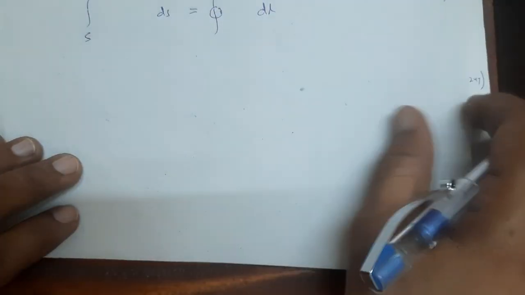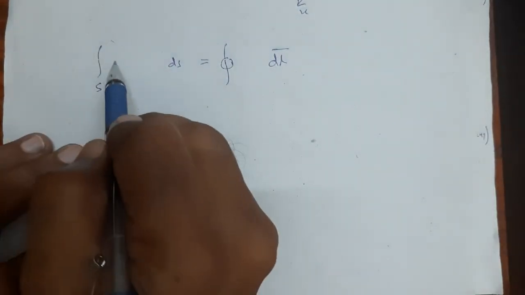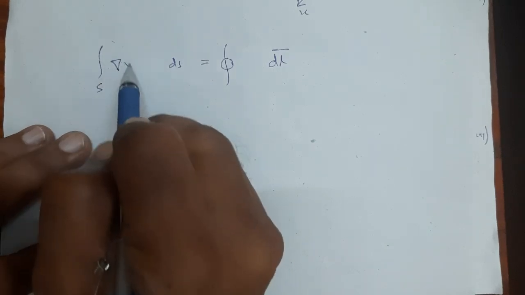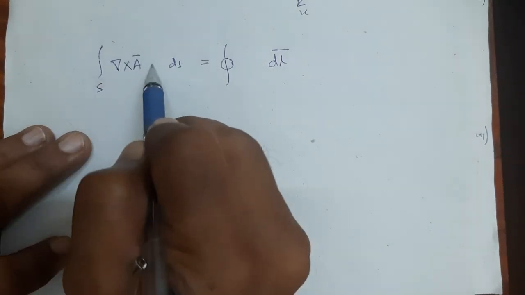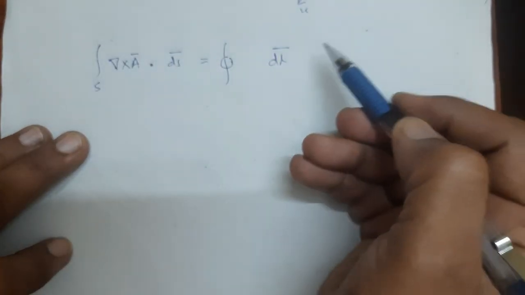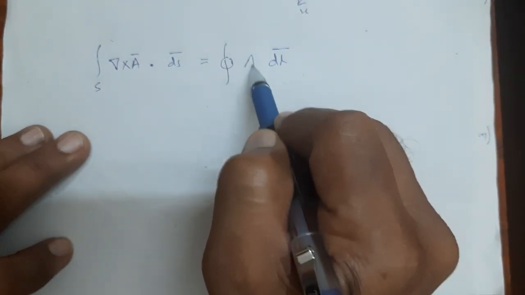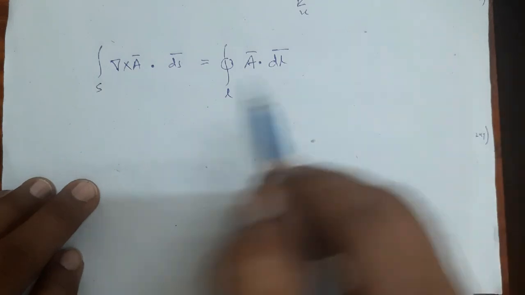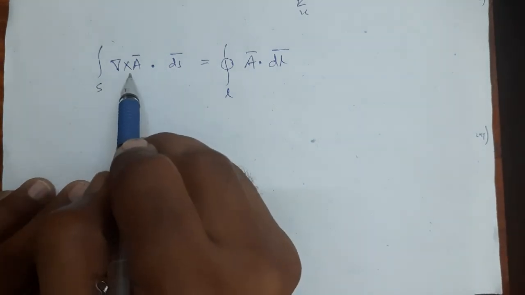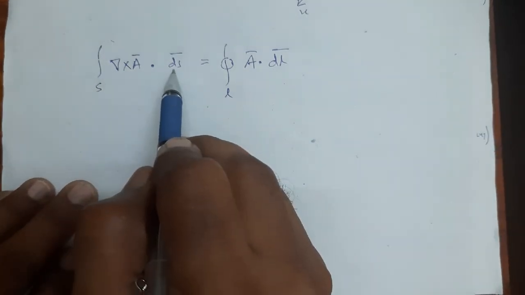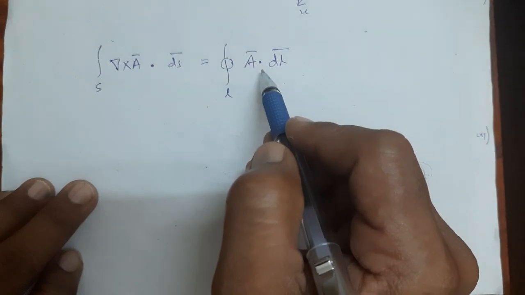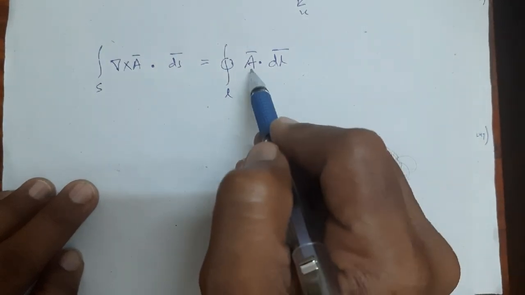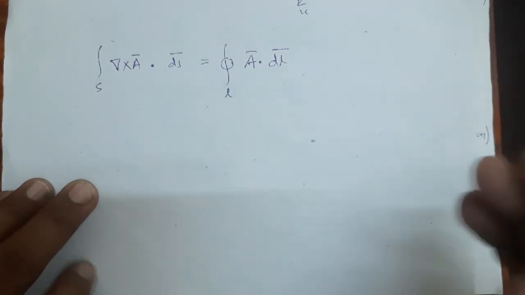Similarly, the surface is bounded by the line. Here the theorem is: the surface integral of curl of A bar dot ds bar is equal to the closed line integral of A bar dot dl bar. That means the surface integral of the curl over the surface is equal to the closed line integral of A bar dot dl bar.